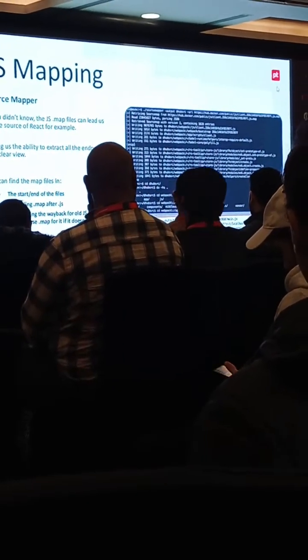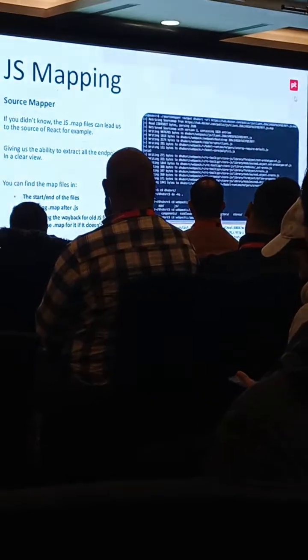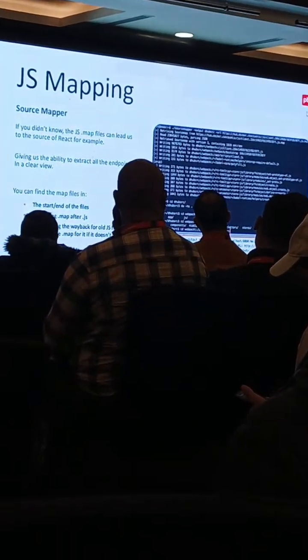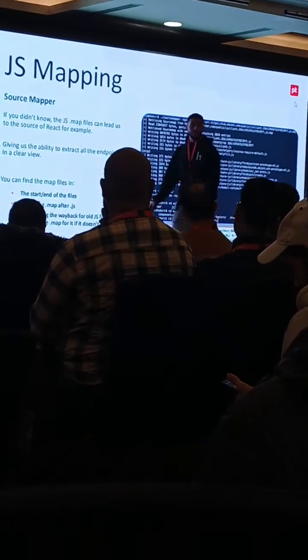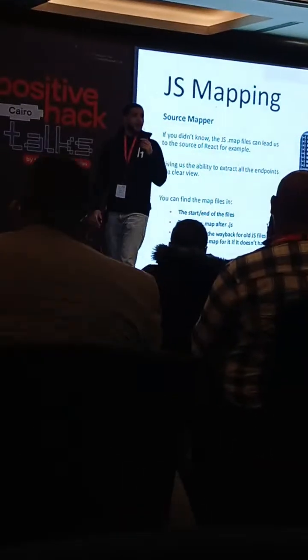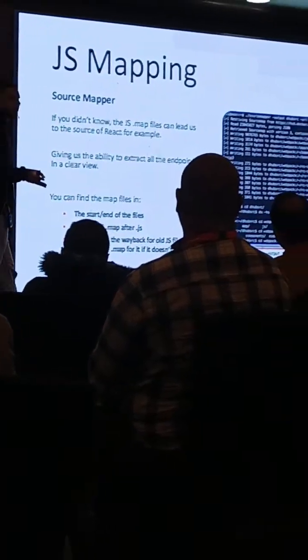This .map file can be extracted. You could extract, let's say, the React source code for the front end that the developer has written. You can do it using a tool called Source Mapper, which you can find on GitHub. This will make the endpoints look much clearer. If there are leaked keys or something, it's going to be clearer because you have the main source code, not this whole complicated JavaScript file, okay?